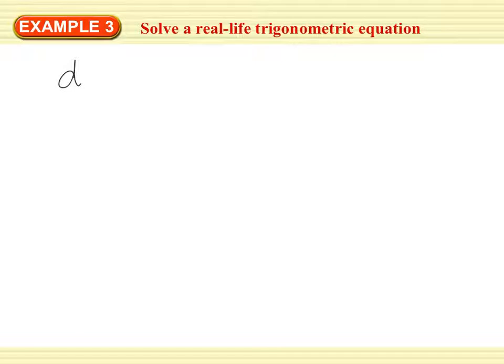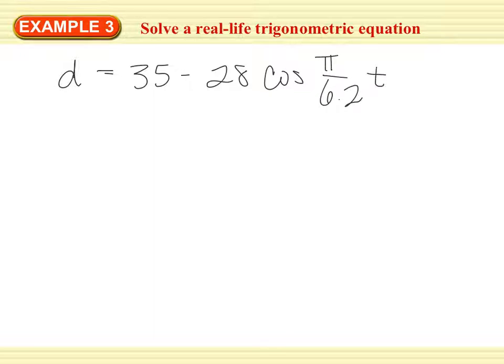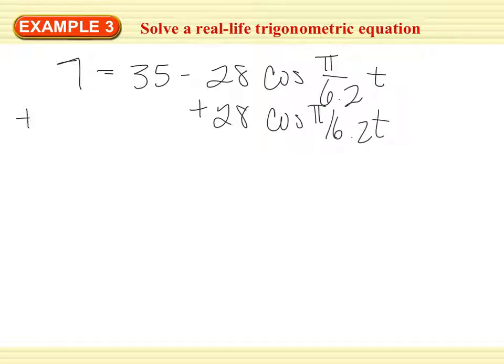I have D equals 35 minus 28 cosine pi over 6.2 t. And I actually am going to make D equals 7 to start solving. So I'm actually going to move 28 cosine pi over 6.2 t over here.